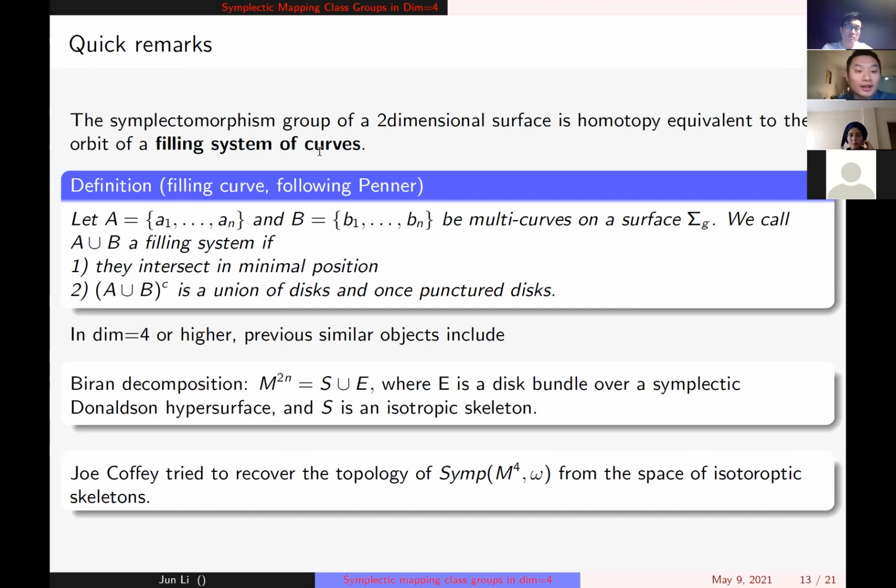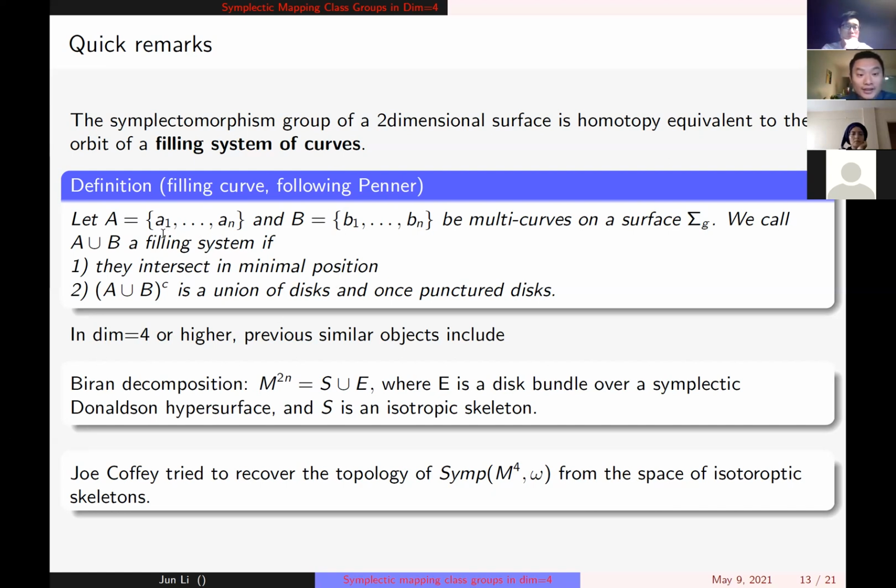Here, by curves we really mean S1s, or simple closed loops. So what is a filling system of curves? Actually, some topologists or dynamicists think about this kind of filling system.